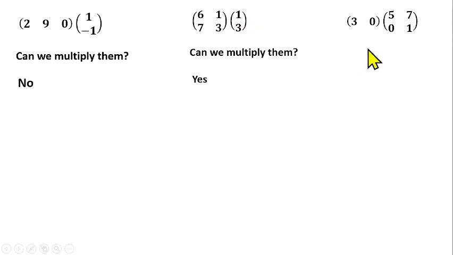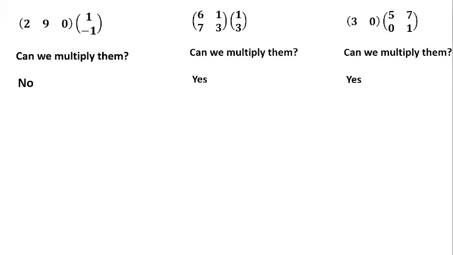Let's see another one. Can we multiply these 2 matrices? Yes or no? Yes, they can be multiplied. This row has 2 elements. This column has 2 elements. This row has 2 elements. This column has 2 elements as well. So same number in the row, same number in the column. So they can be multiplied as well.